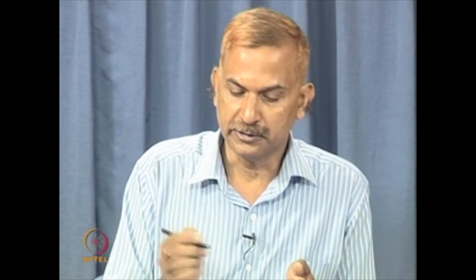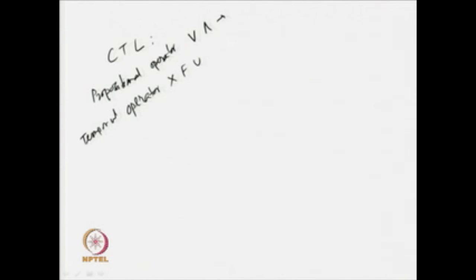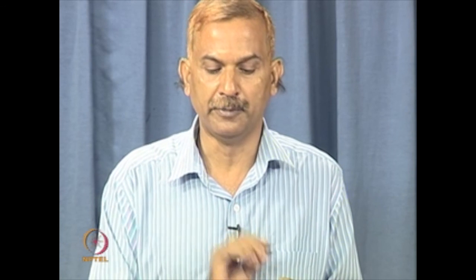Now, a CTL formula has propositional operators like AND, OR, or implication, and temporal operators like next state, future, until and globally. Today we have seen the meaning of the propositional operators only.